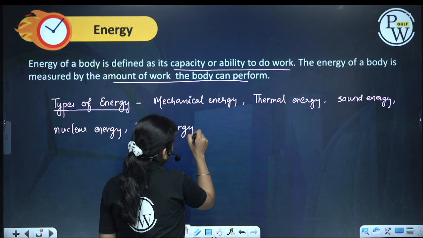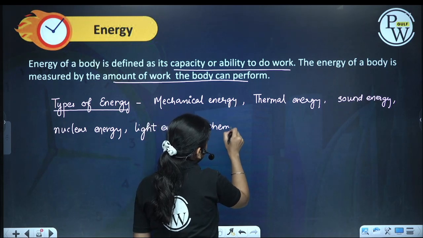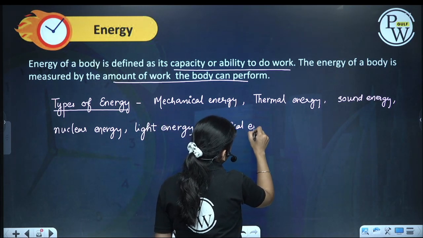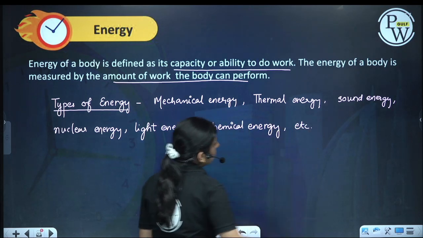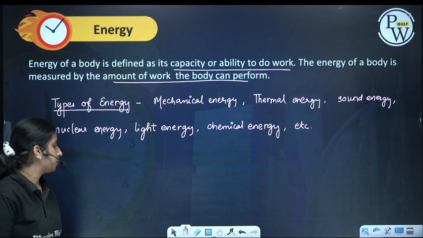We have numerous types of energy: chemical energy, solar energy, wind energy, etc. We have many types of energy.